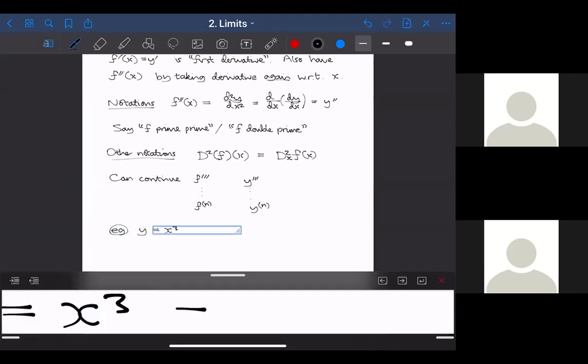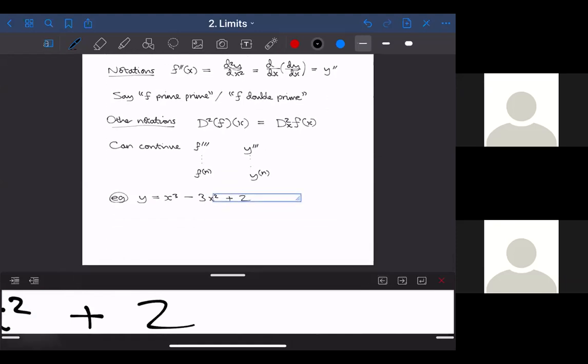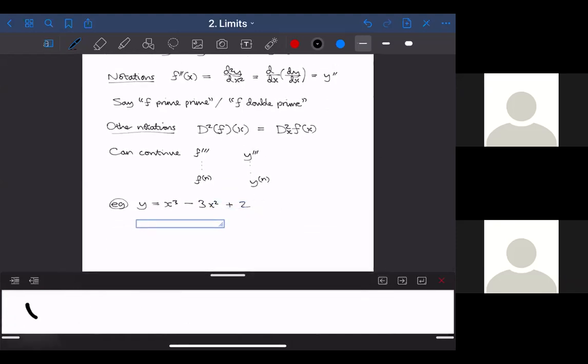So if I let y be x cubed minus 3x squared plus 2, then y prime is given by the usual rule for the derivative of a power. We reduce the power by 1 and multiply by the original power to get 3x squared.